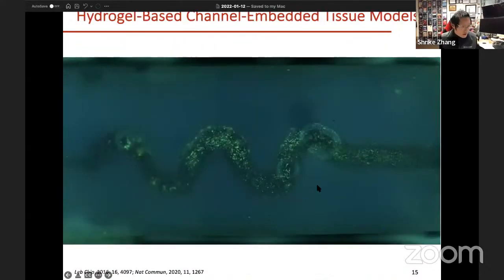All right, so coming back to the gels themselves, we have been showing that you can very conveniently create these sacrificially bioprinted microchannels within hydrogel matrix. That's been very widely used by many different people, and it has been very instrumental over the years for creating hydrogel-embedded tissue models. But there are two major challenges we're thinking about.